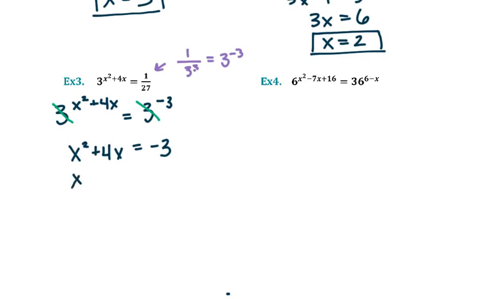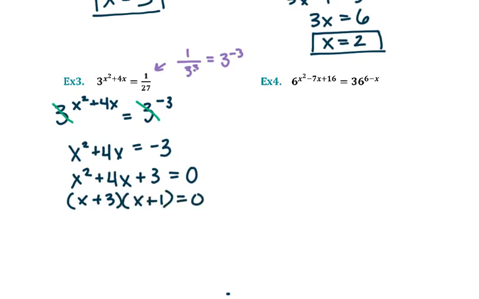So quadratic equations, we always put them in descending order, equal to 0. I end up with x squared plus 4x plus 3 equals 0. This factors: x plus 3, x plus 1 equals 0. And I end up with x equals negative 3 or negative 1. And we get two solutions to this problem.